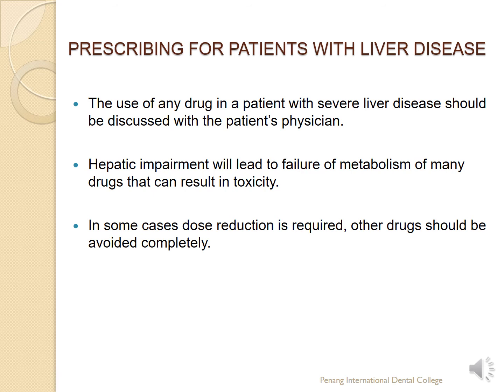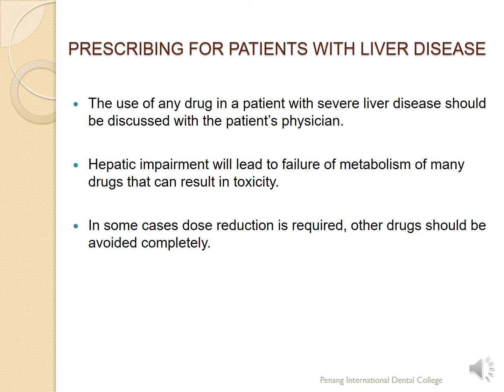Hepatic impairment leads to failure of metabolism of drugs, so even the mildest overdosage can exhibit as drug toxicity or adverse effects, because the metabolic capability is already very low. In some cases dose reduction is required, and in some cases the drug should be avoided completely.